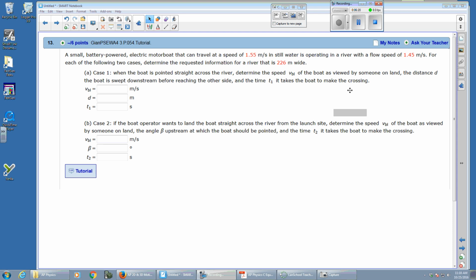Okay. So for A, we just have the velocity of the boat with respect to the water, plus the velocity of the water with respect to the shore, will give us the velocity of the boat with respect to the shore.